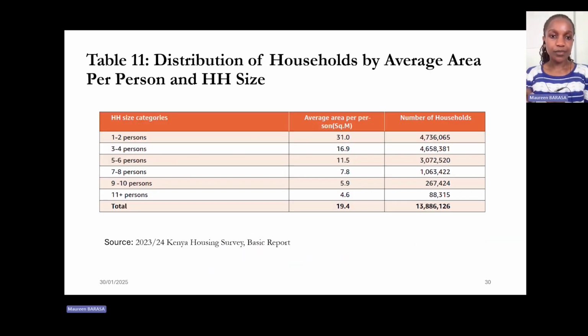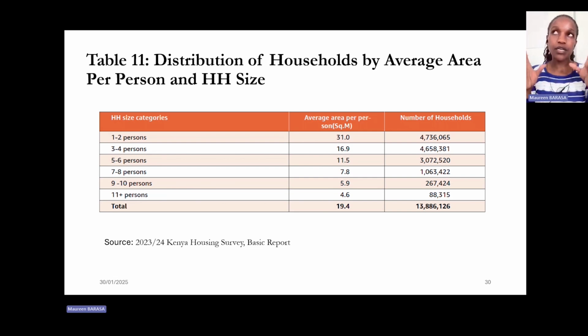Then the distribution of households by average area per person and household size. So for this, it just shows different household sizes, all the way from households that contain 1 to 2 persons to 11 to more than 11 people. So the average is 19.4. That is the average area per person nationally.